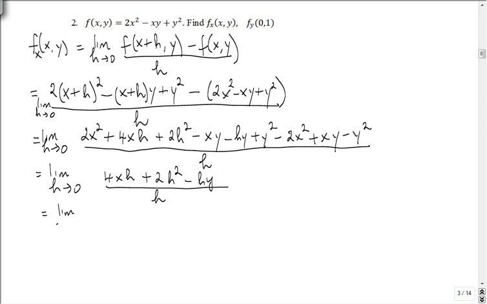Factor out the h. 4x plus 2h minus y over h. Cancel the h's, and this is 4x minus y, because h approaches 0, so the 2h would go to 0.